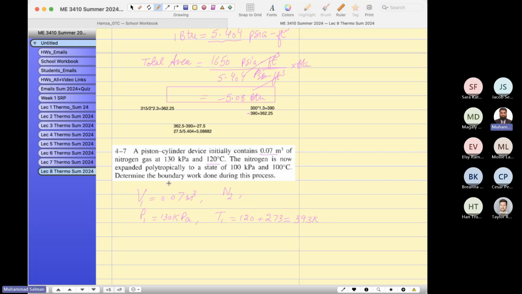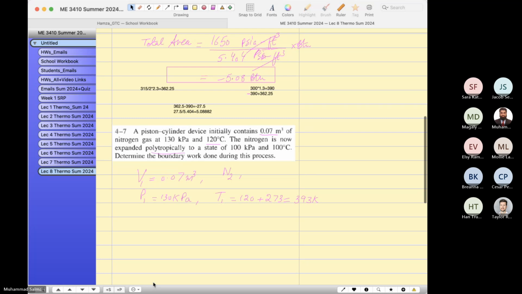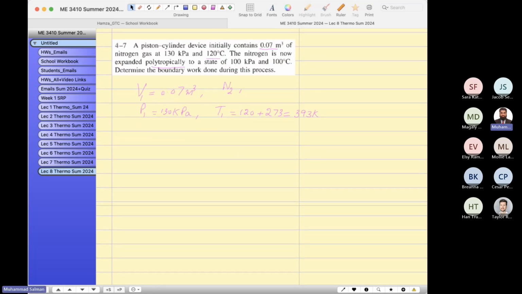The nitrogen is now expanded polytropically. So imagine this is my initial point, final point.